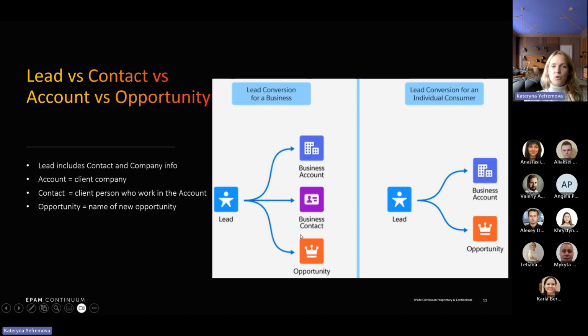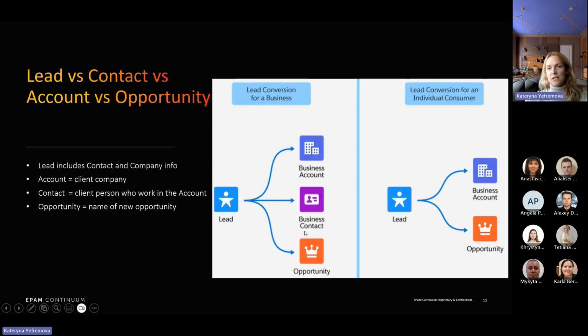When we're talking about contact, it's more about a person who is related to this company, because contacts cannot exist by themselves. Contacts are all the time related to accounts, but there could be accounts without any contacts related to them. And it's important to understand.